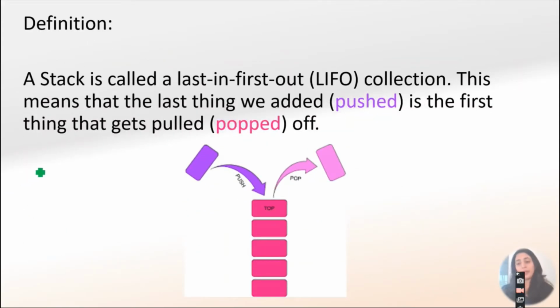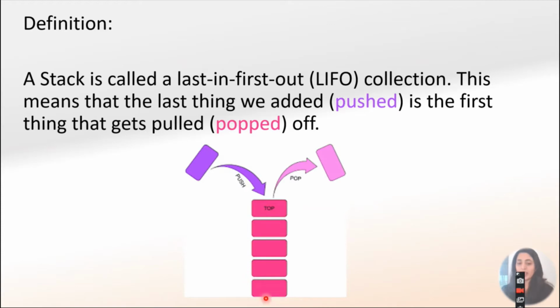If you see the proper definition of stack in understandable language, here is the definition for us. It says a stack is a last in first out, that is LIFO, collection. This means that the last thing we added is the first thing that gets pulled off.